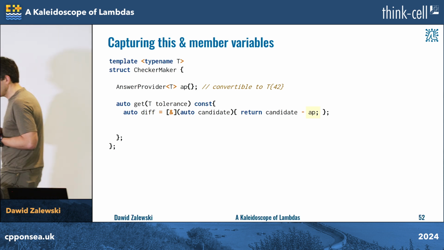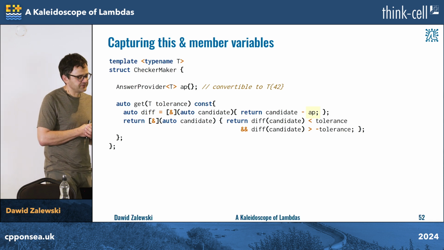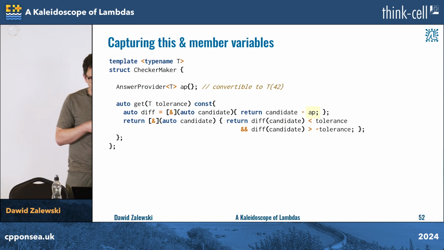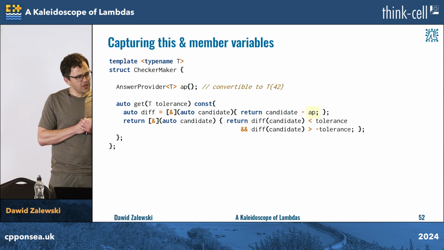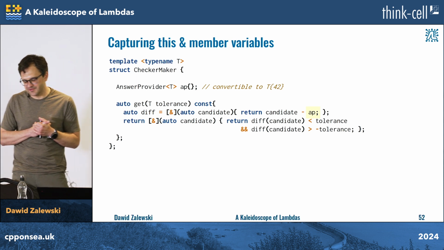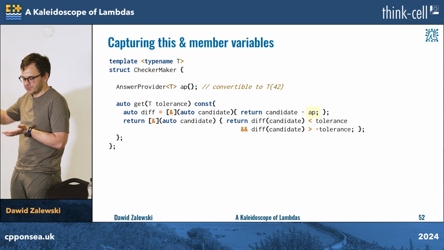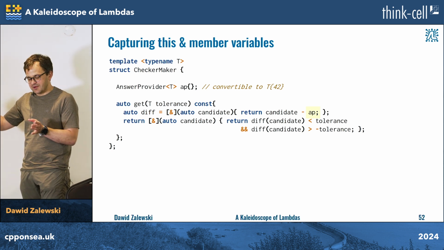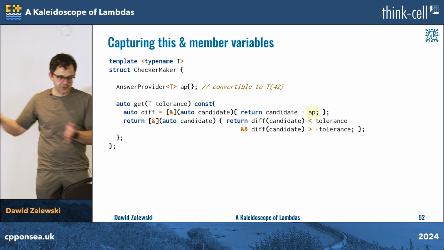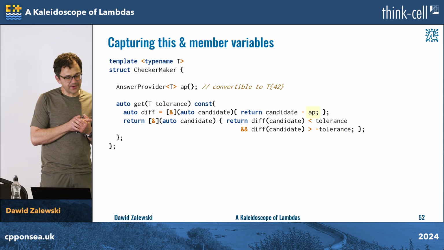There is a reference symbol, so it captures something by reference. And the other one, that's returned from the make checker or from the get function, is really the lambda that checks whether some number is within the tolerance distance away from the number 42. Nothing more. It also uses a capture by reference.